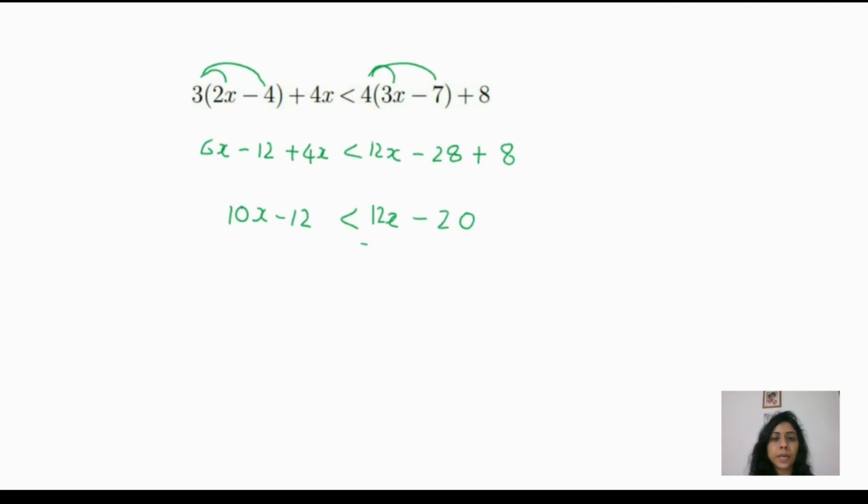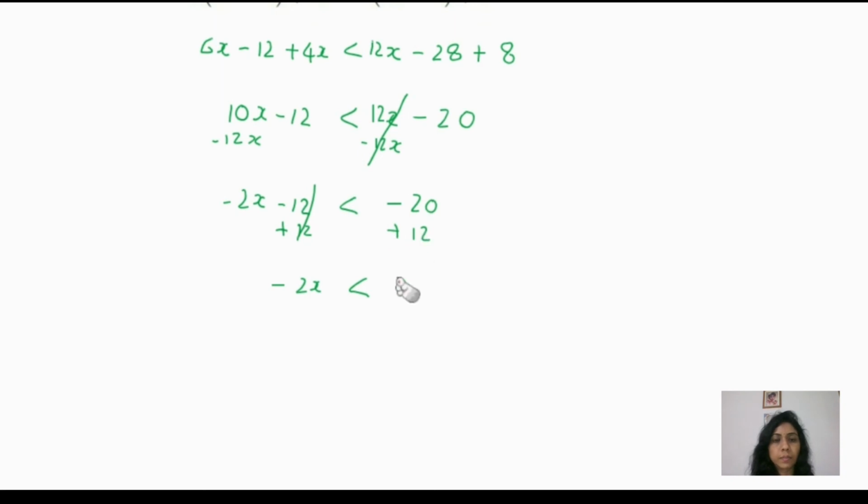Now subtract 12x from both sides. So this cancels, and we get -2x - 12 < -20. Now add 12 to both sides. This cancels: -2x < -8.